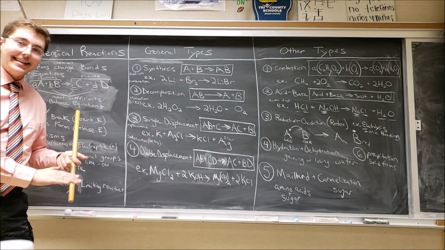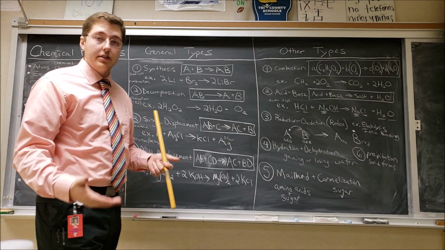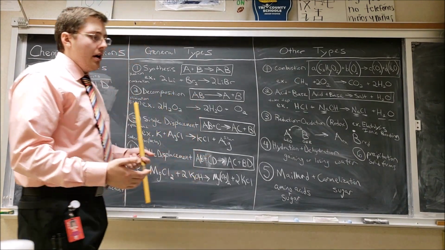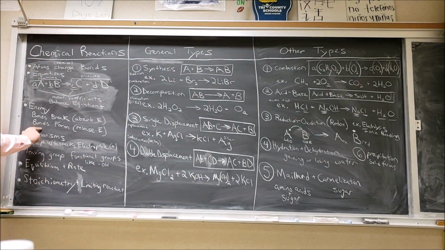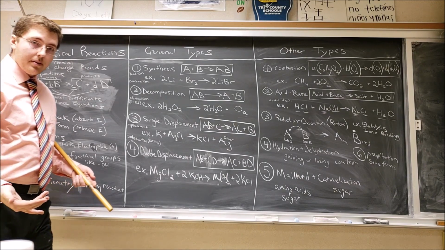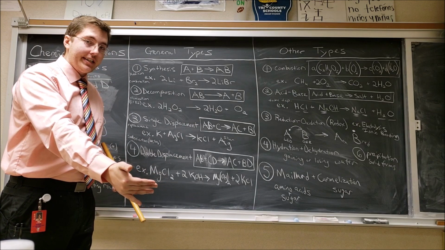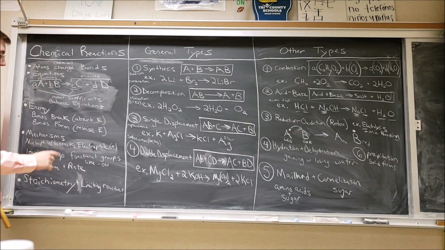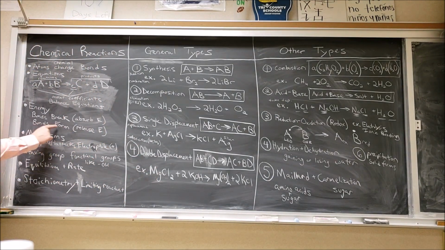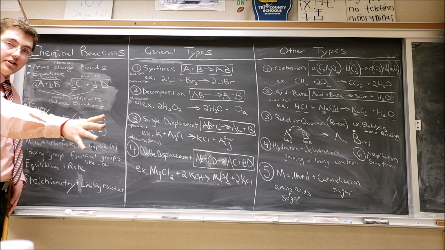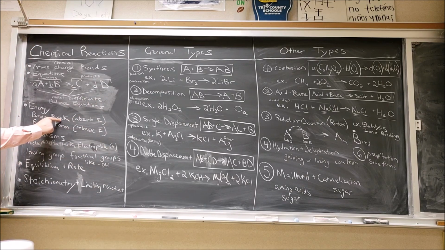So if you have less energy, usually you're more stable. And so what happens when you're forming bonds is you're trying to become more stable by releasing energy to be at a lower energy. And so that's how I remember that bonds forming are releasing energy, and bonds breaking are absorbing energy.